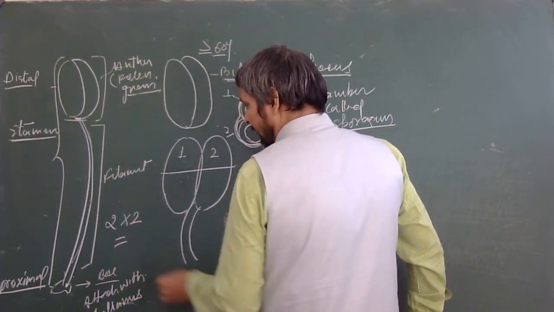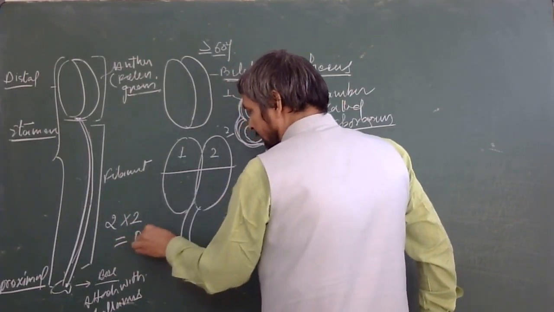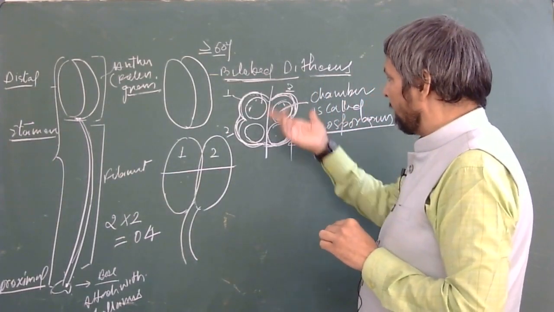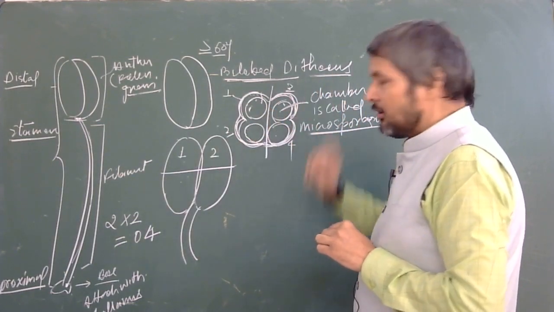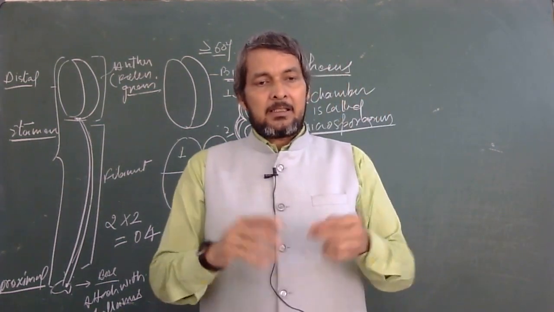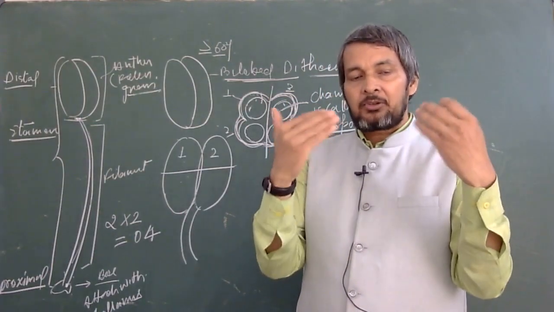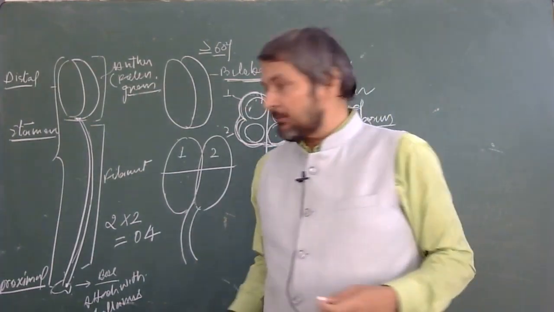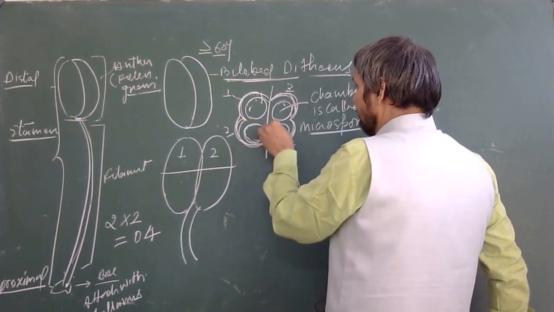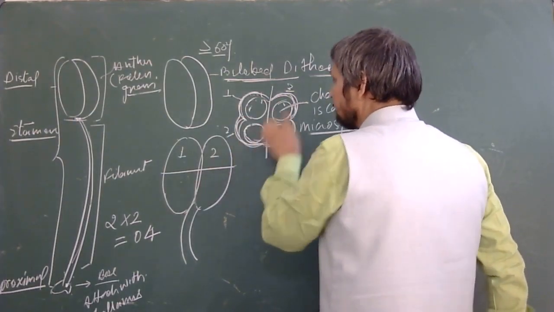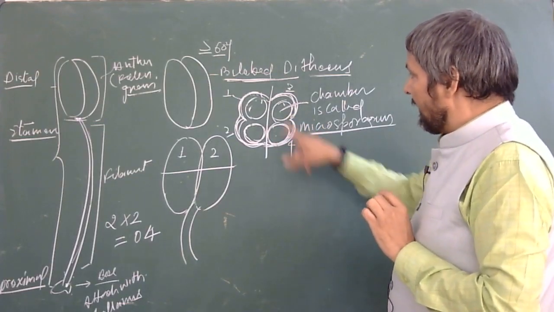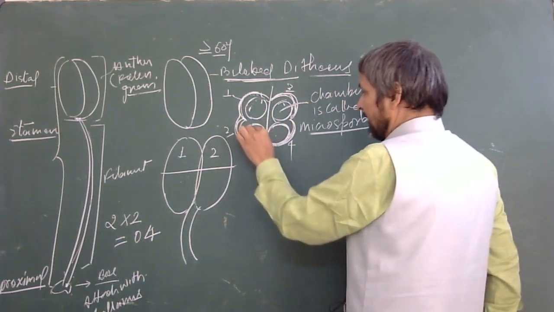So a mature anther has a total of four theca, and each theca possesses one chamber where microsporogenesis takes place, and ultimately microspores develop, pollen grains develop. And each chamber of the theca, each microsporangium, has sporogenous tissue.